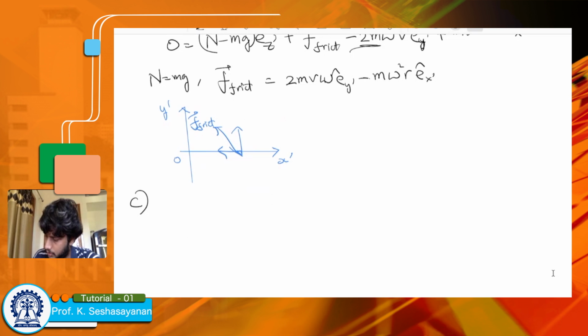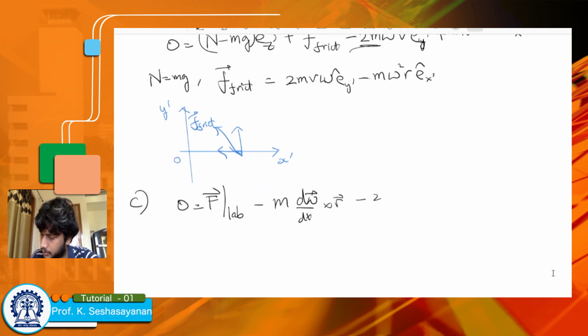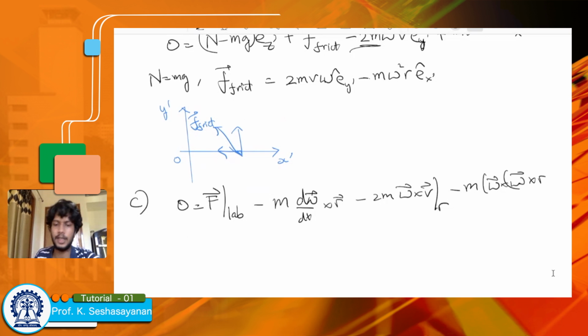So 0 would be equal to f minus m d omega by dt cross r minus 2m omega cross v in the rotating frame minus m omega cross r. So here there's an interesting observation. This is again 0, the rotation rate is constant.